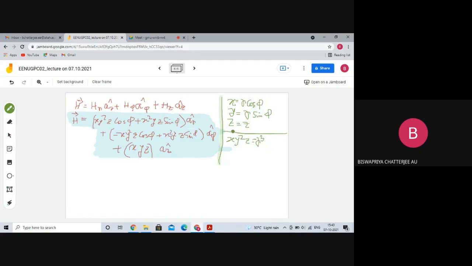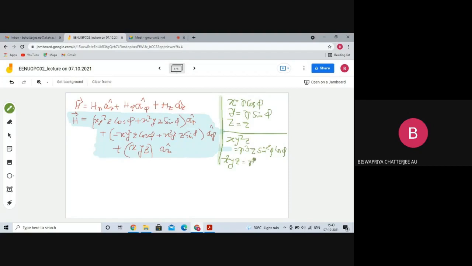Now x is cos phi and y squared is sin square phi. So x y square z becomes r cube z sin square phi cos phi. So the next part is x square y z. The same formula, it will be the same result.